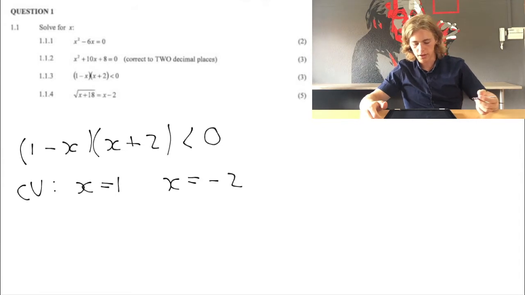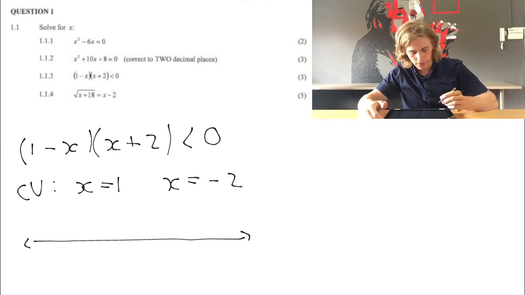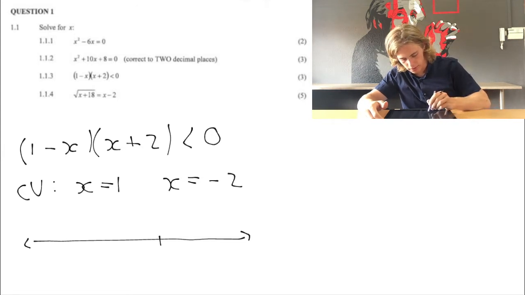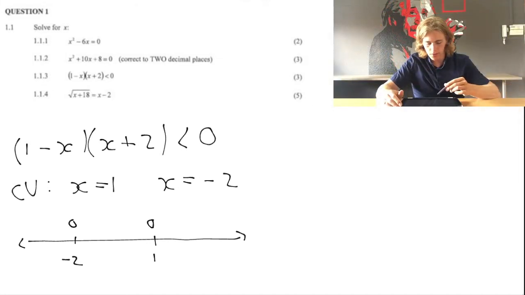Now we're going to put that on a number line. So we're going to draw out the number line. Put in your critical values. So let's say here is 1, that's going to be 0. I'm going to say here is negative 2, that's going to be 0. We're then going to take a value between 1 and negative 2 to put back into the brackets.